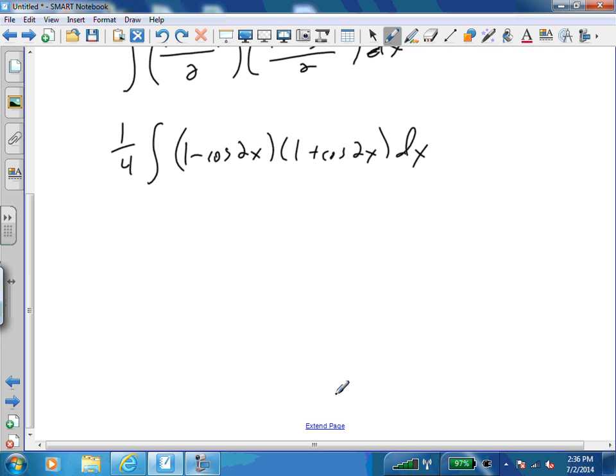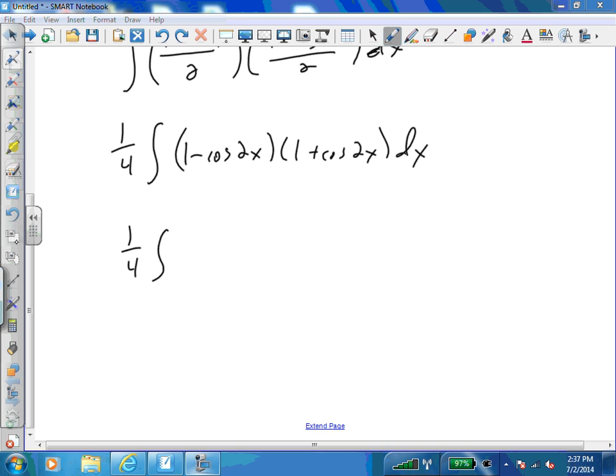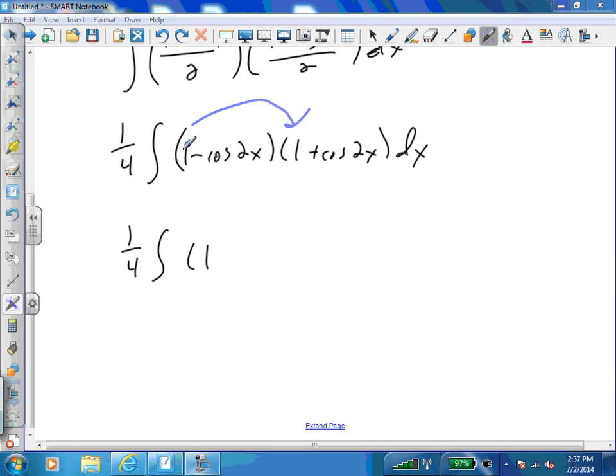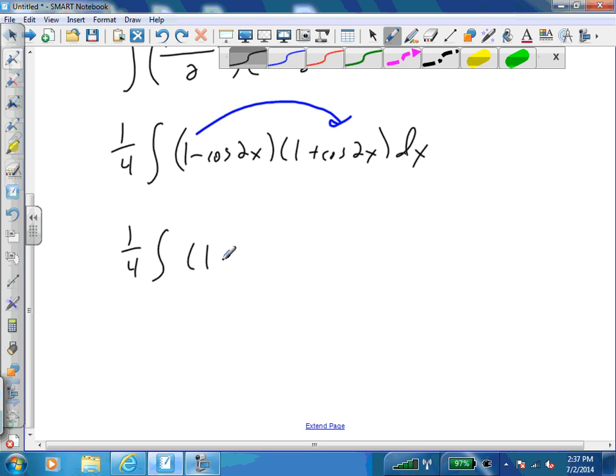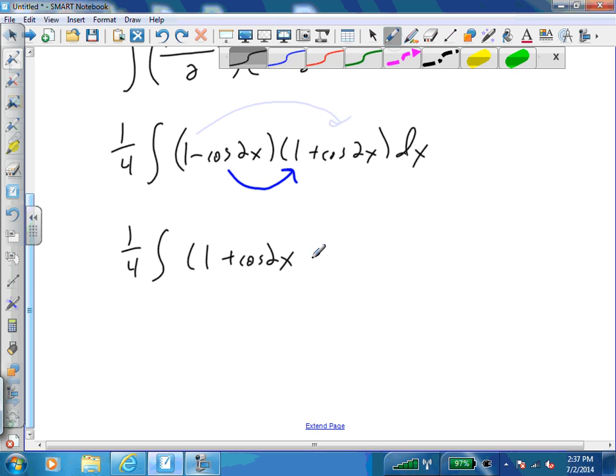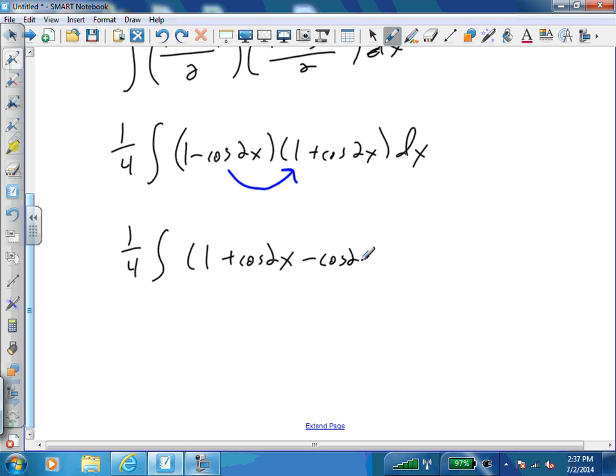Now let's distribute. We distribute, we've got 1 times 1, 1 times cosine 2x, minus cosine 2x times 1, minus cosine 2x times positive cosine 2x.